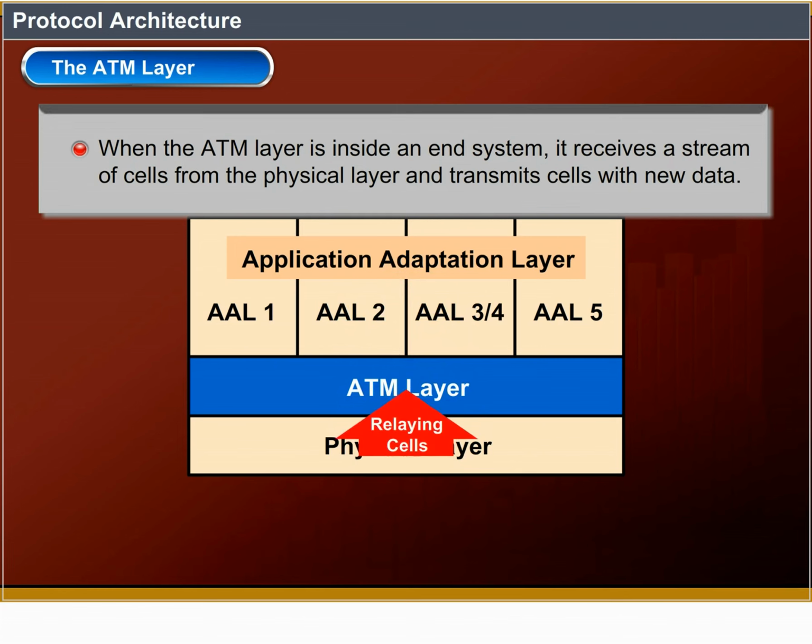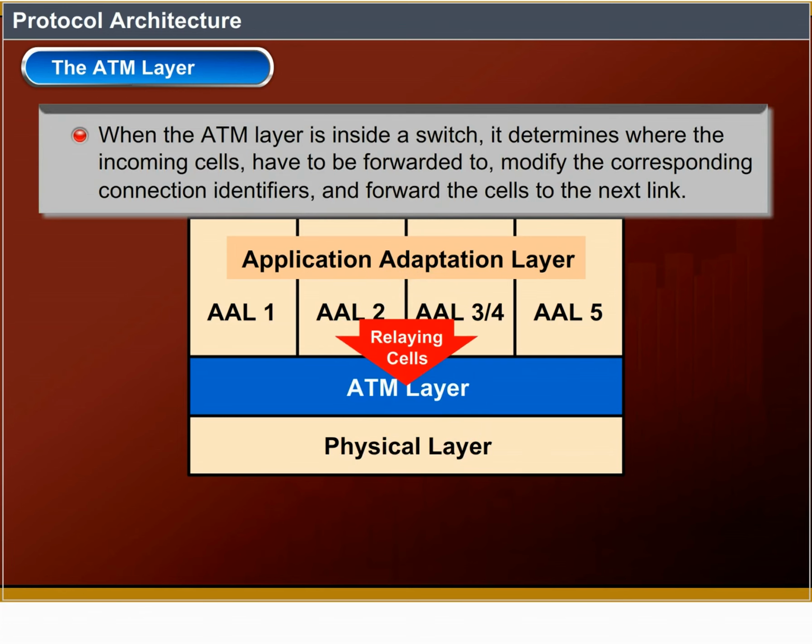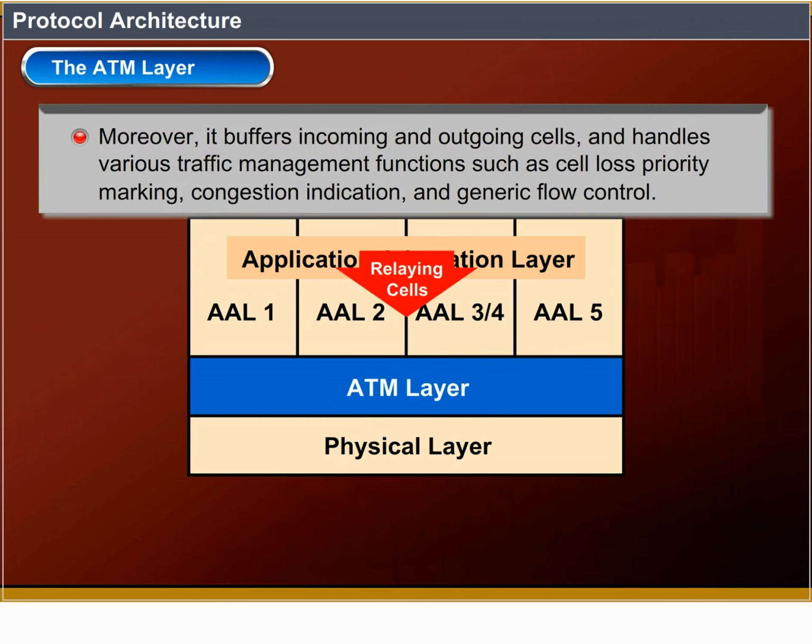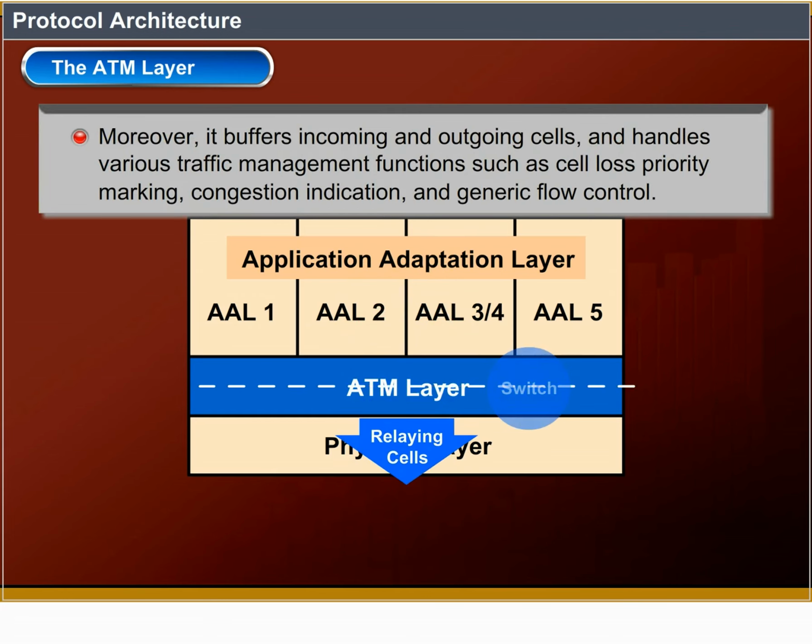The format of the header for ATM cells has two different forms. One is used at the user to network interface (UNI), and the other is used internal to the network, the network to node interface (NNI). User to network interface, UNI.